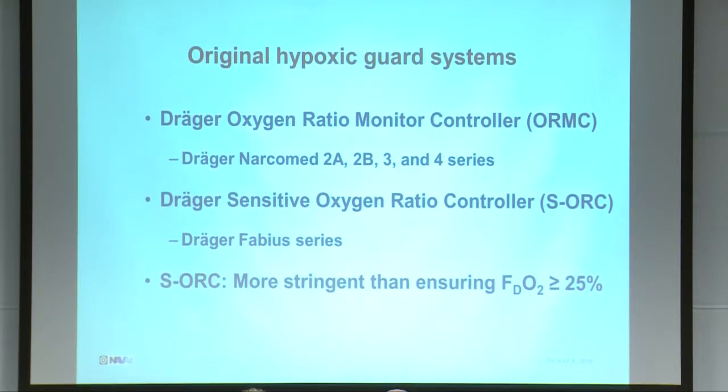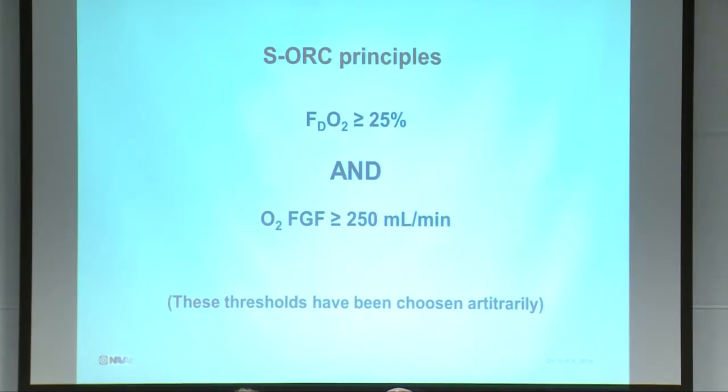So I'm talking about the mechanical S-ORC system. Now the S-ORC system is relevant because it was more stringent than just requiring a delivered concentration of oxygen of more than 25%. It went further than that. It said we should have not just an FdO2 of over 25%, but also there should be a minimal fresh gas flow of oxygen of 250 mL per minute. To the best of my knowledge, these thresholds have been chosen arbitrarily. There is no reasoning to it.